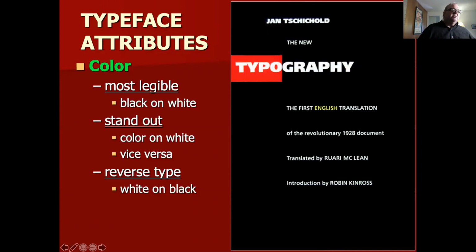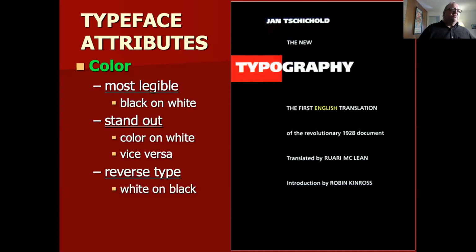Okay, typeface attributes. More typeface attributes besides the font and the size. Color is part of when we specify type. Most legible is being black on white, and I've also heard yellow on black is good.